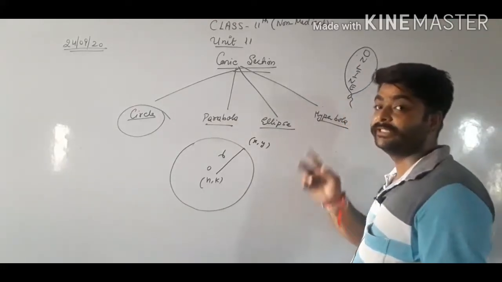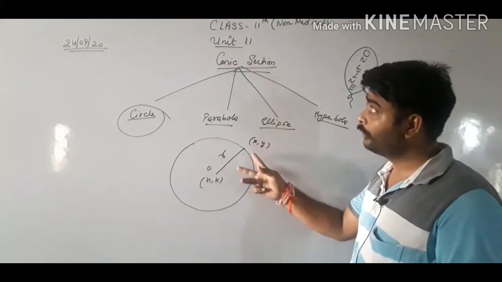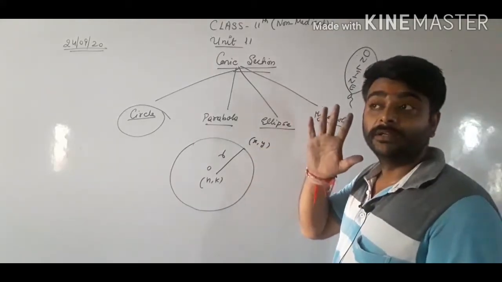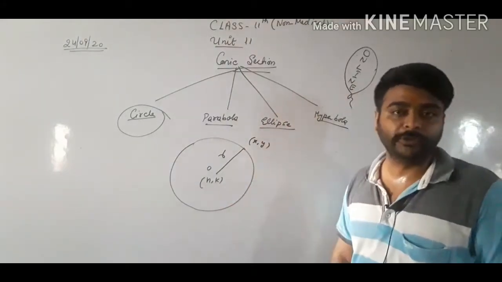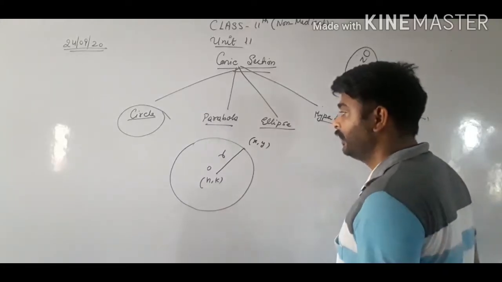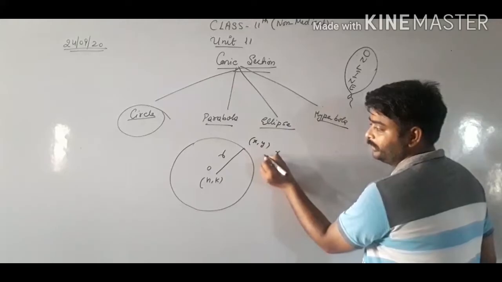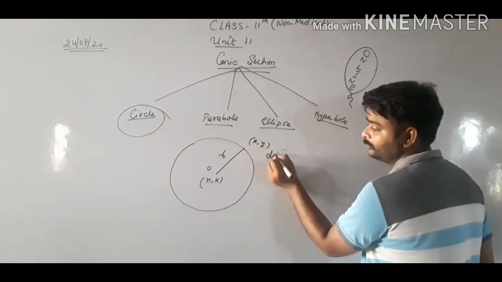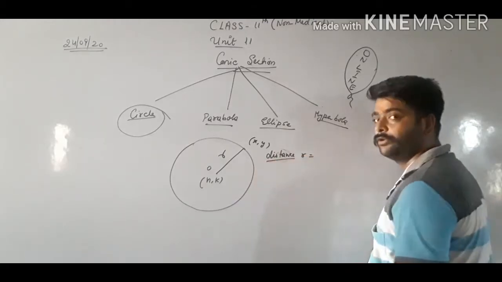Now class, in the 10th class, you have read about unit number 7, exercise 7.1, that is distance formula. So class, if we are going to find out the distance r, then what we will do?